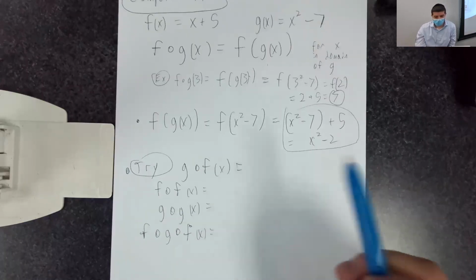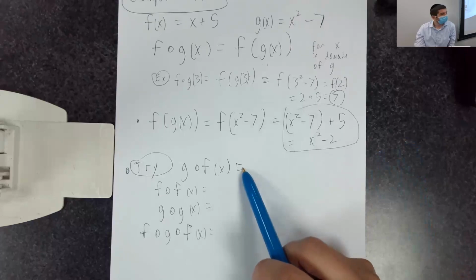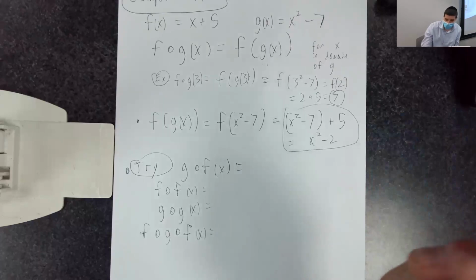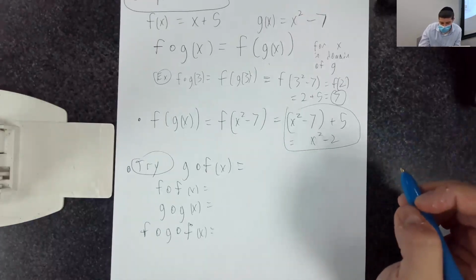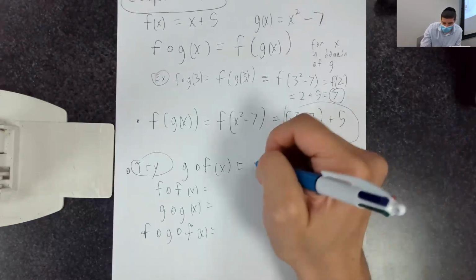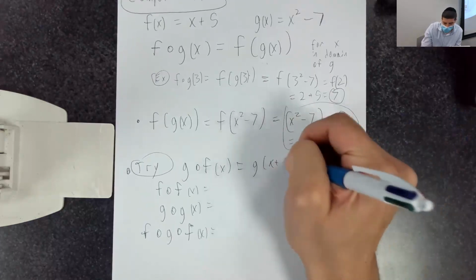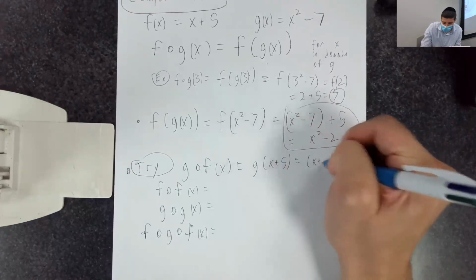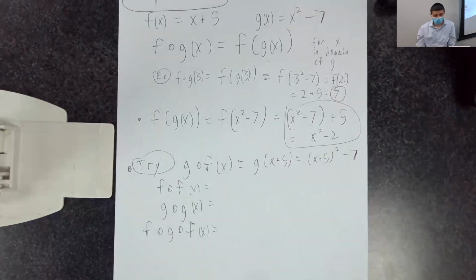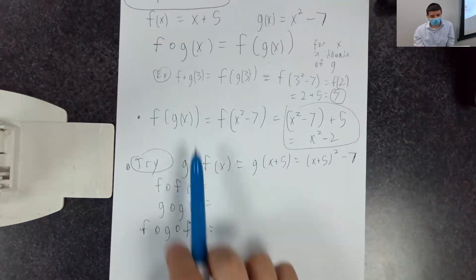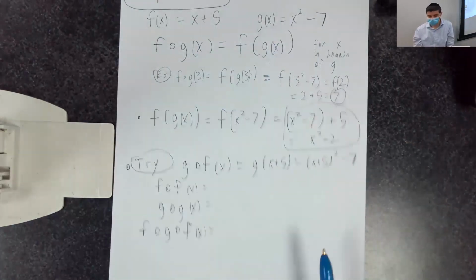Okay. Did someone get g of f? Anyone get g of f? Yeah, want to try that one? x plus 5 squared minus 7. Good. Right. So you're plugging in f, which is x plus 5, into g.